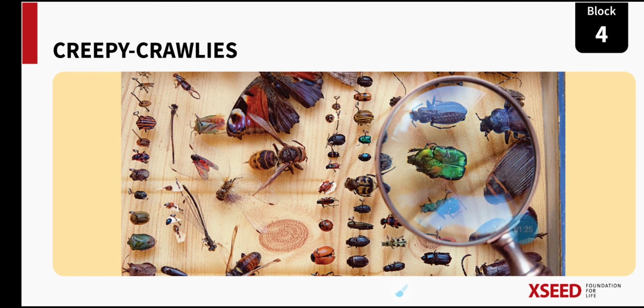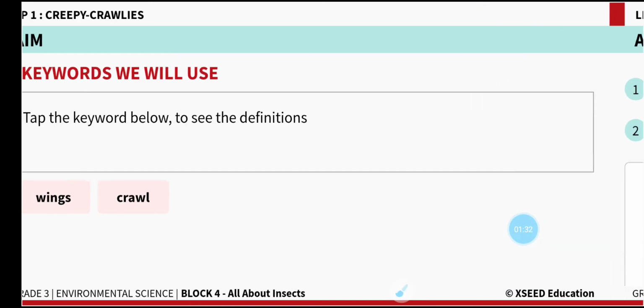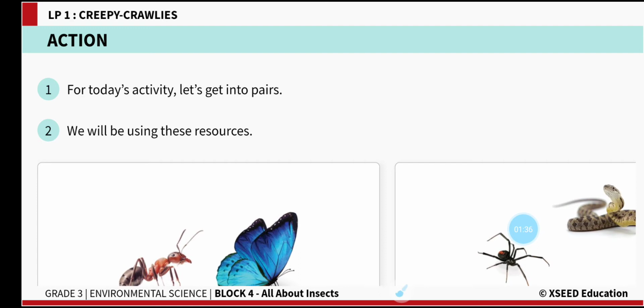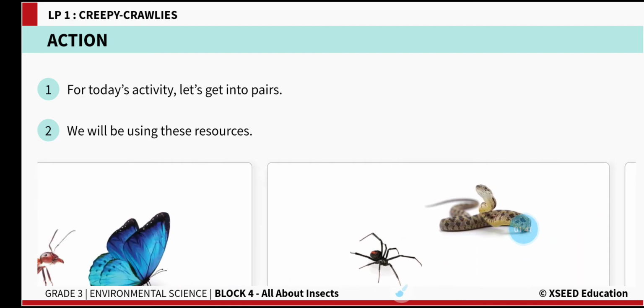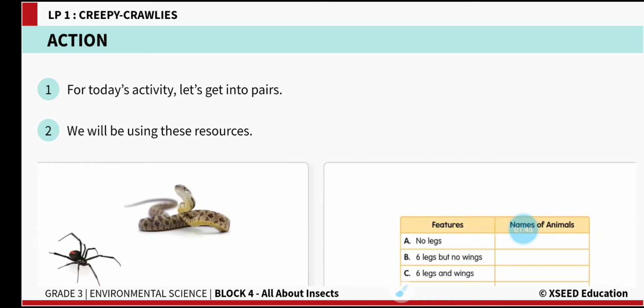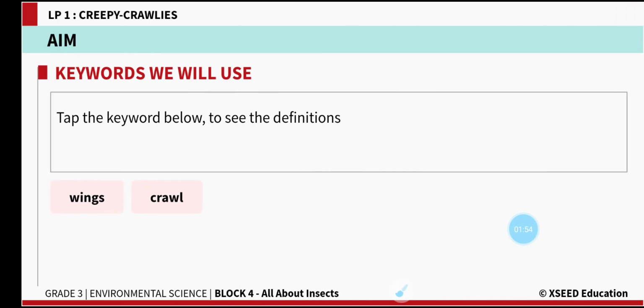For this activity, you need a chart, an ant and a butterfly chart, and some animal pictures like spider, lizard and snake, and a tabular column. Before doing the fun activity, we will see the keywords you are going to learn in today's class.